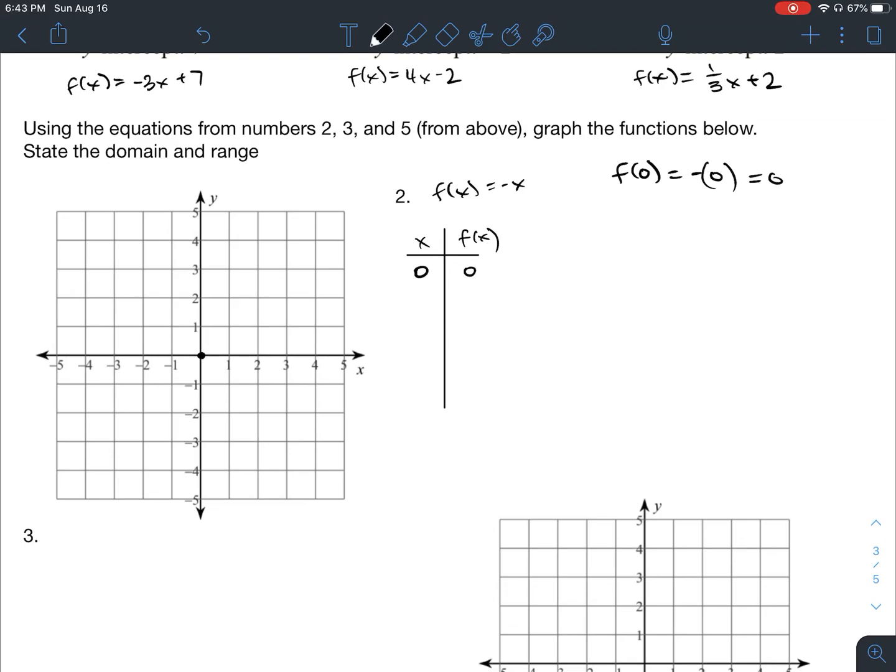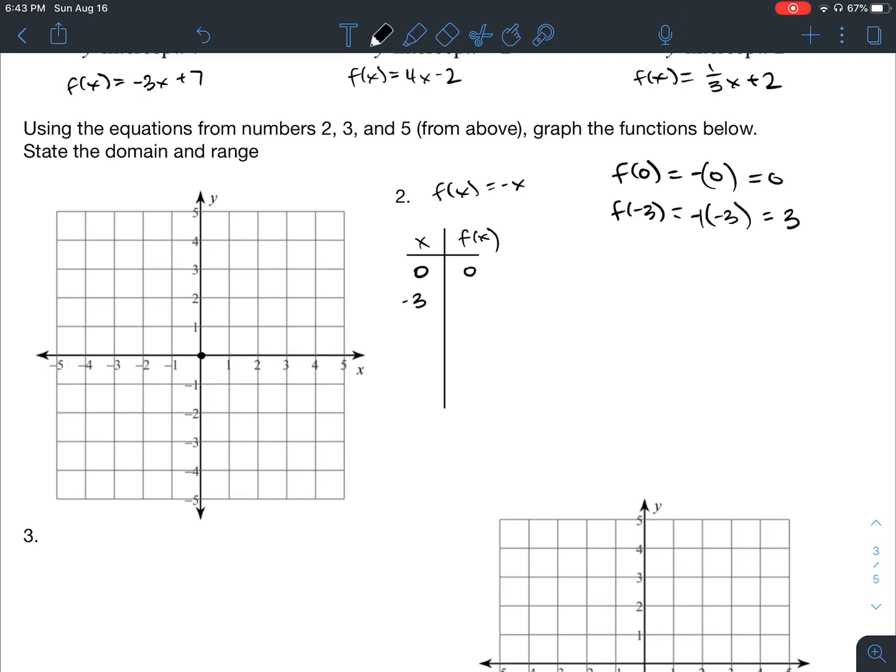Let's go ahead and graph a negative number. Say f of negative 3. Well, this is really saying negative 1 times negative 3. A negative number times a negative number is a positive number, and negative 1 times negative 3 will be 3.